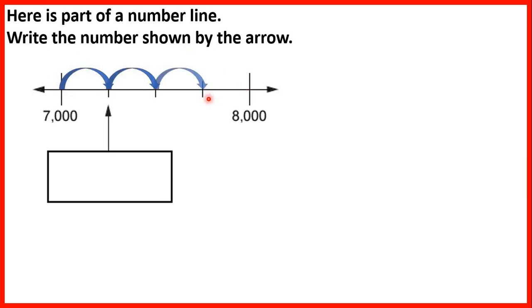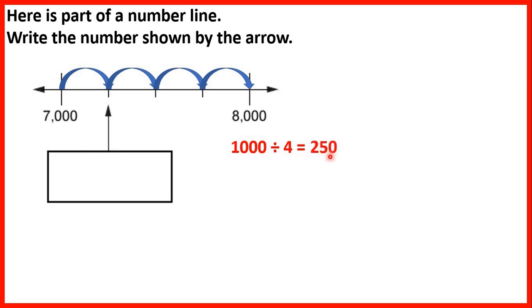So what we can do to see what each line represents is spot that we have 1, 2, 3, 4 jumps to get from 7,000 to 8,000. That's a difference of 1,000. So if we divide 1,000 by 4, we get 250.